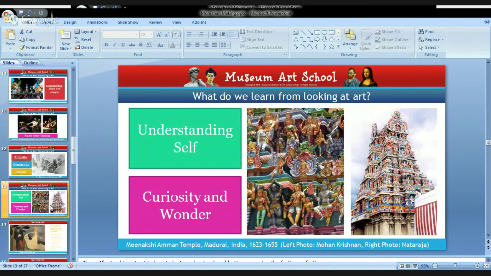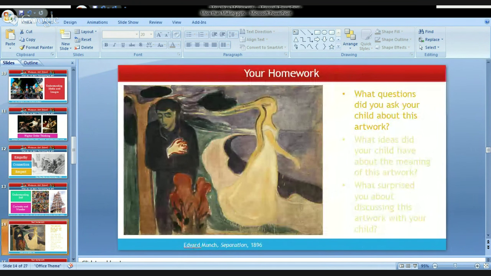Okay, so now I want to ask, did you get my email or look at the blog post with the homework assignment? I asked you in the blog post to look at a work of art with your child or your students. I know if you're a teacher, you might not have students right now, so you might not have been able to do that. But did you have a chance to look at this artwork? First answer, what questions did you ask your child about this artwork?